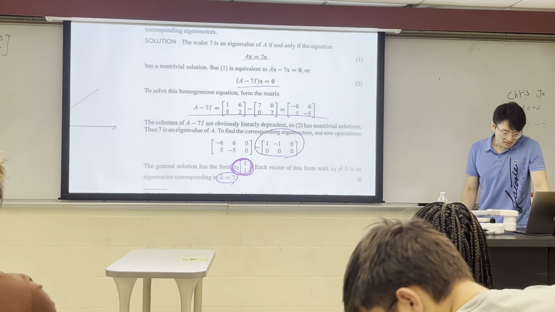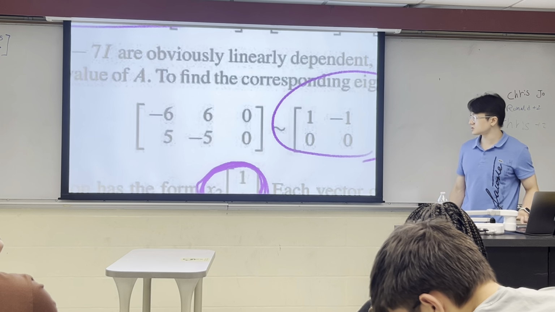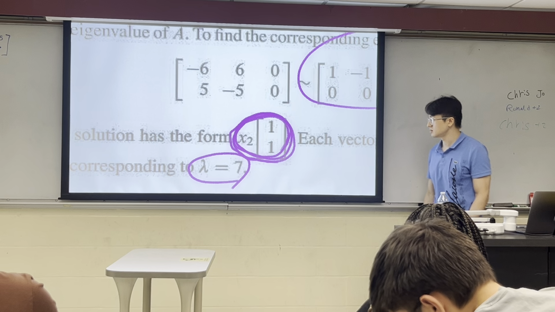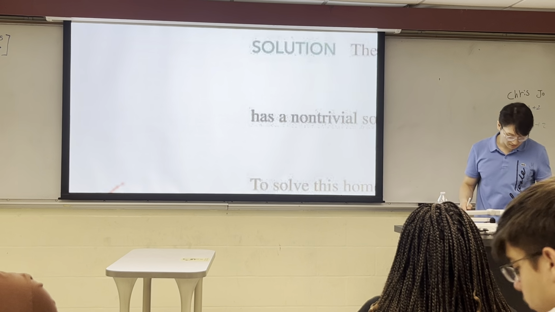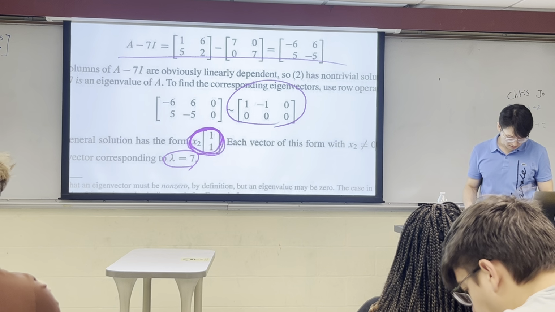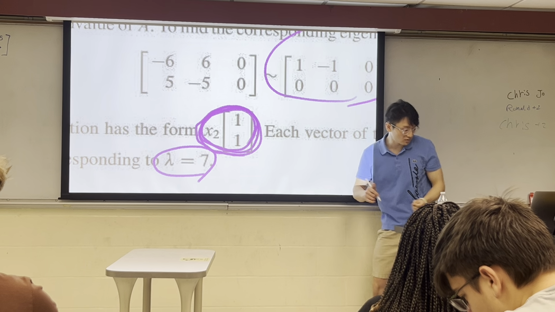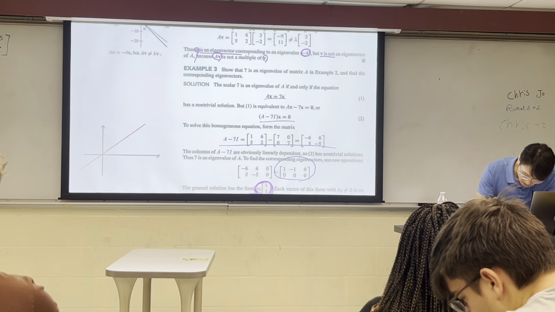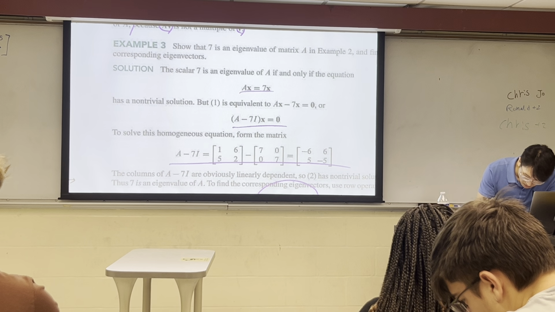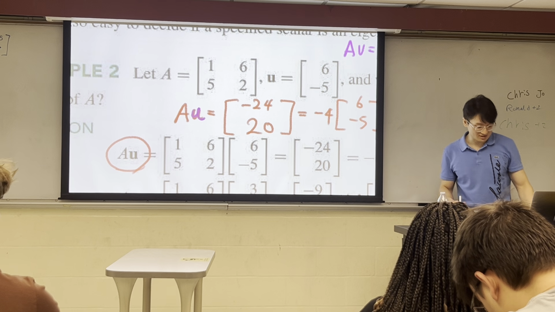Why 1, 1? Is it just random? Can it be any vector in that line that you were saying? Yes, so let's try this. And 1, 1 would be like the base vector. Yes, Dylan, you're correct.